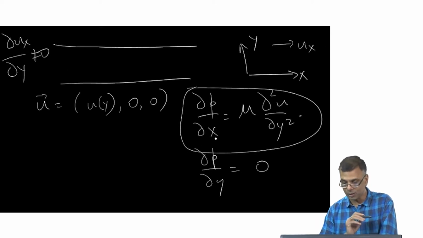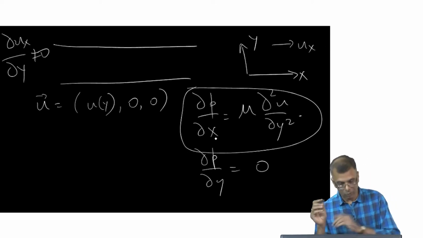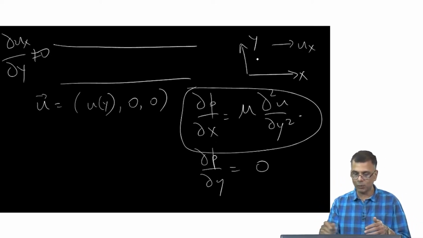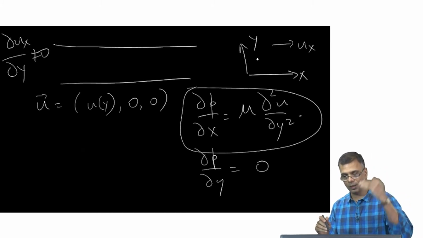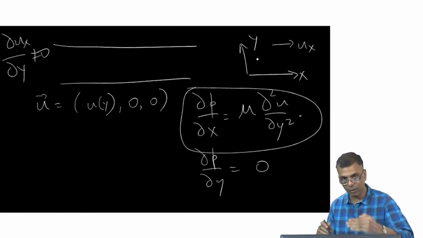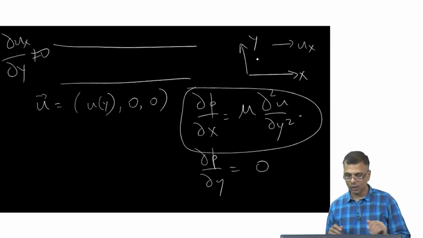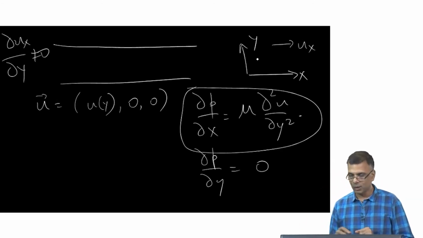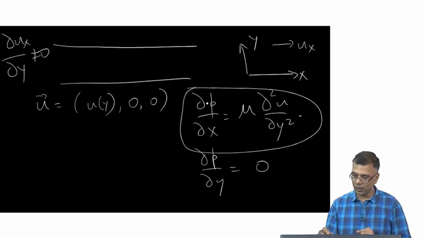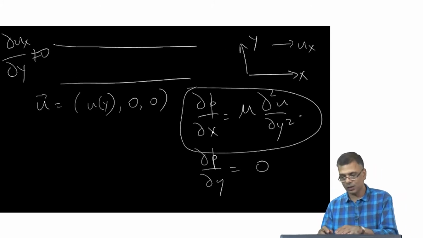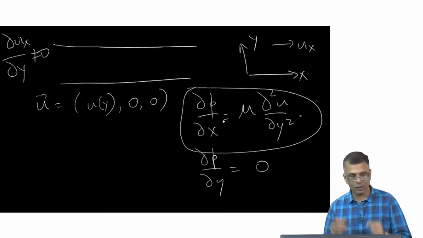The other thing to keep in mind is that these plates are infinite in the direction perpendicular to the screen, and also infinite in the x direction. So as far as this equation is concerned, the d squared u/dy squared, this is a constant. This is dp/dx. As far as the y variation is concerned, this one is a constant.